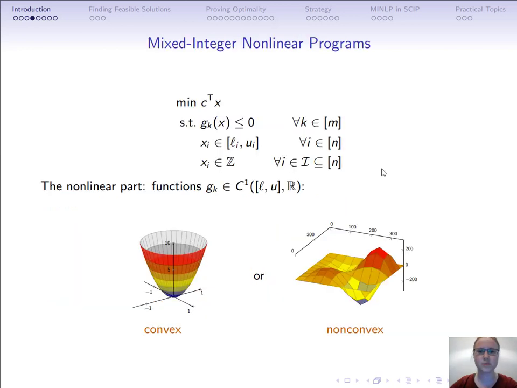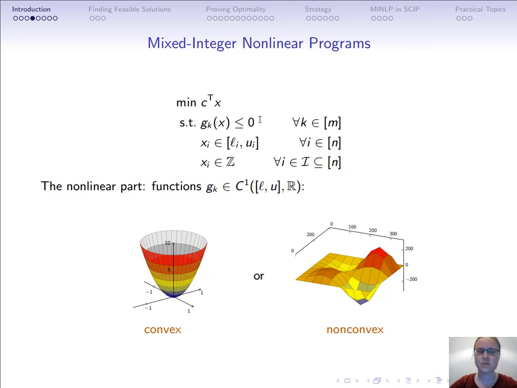This is a general form of a mixed integer nonlinear program. Some parts of it you will find familiar from the mixed integer linear programming lectures, such as the linear objective function. The assumption that it is linear is without loss of generality, because one can always reformulate a program with a nonlinear objective function as a program with a linear objective function. Then we have variables with bounds, and some integer variables.